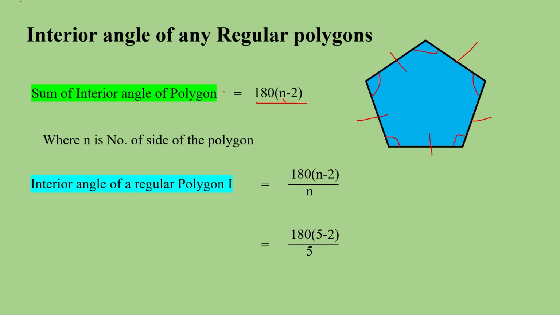By calculating this equation, we will get 108 degrees. So if a pentagon is a regular polygon, the interior angle of the pentagon is 108 degrees. And now this is a pentagon which has all interior angles of 108 degrees. So this is a regular polygon.